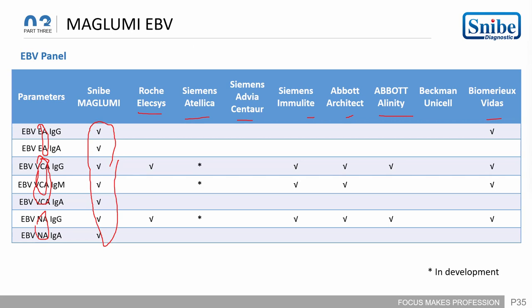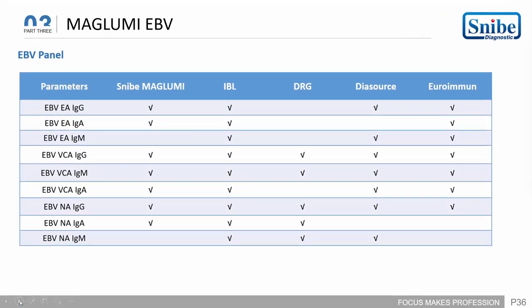So if we go to the further slides, you can see here, in the EBV panels we are very comprehensive, but still some parameters like EA IgM are missing, but Diasorin and Euroimmun have this.